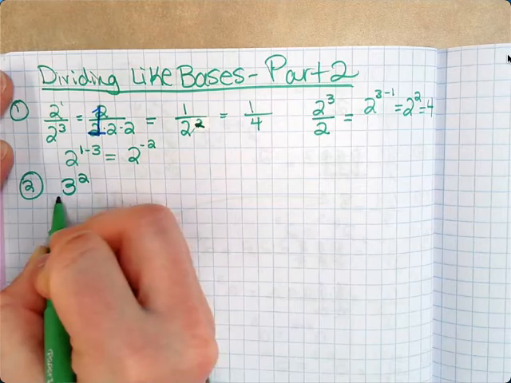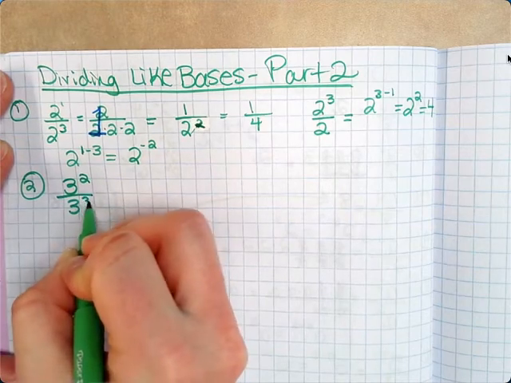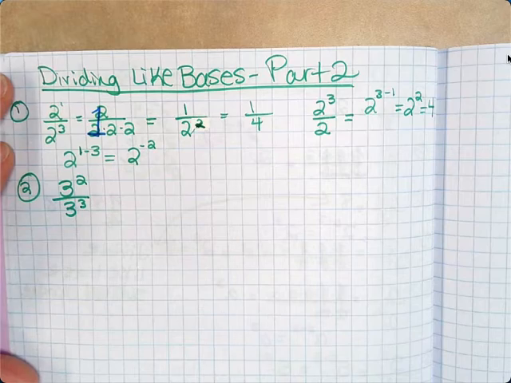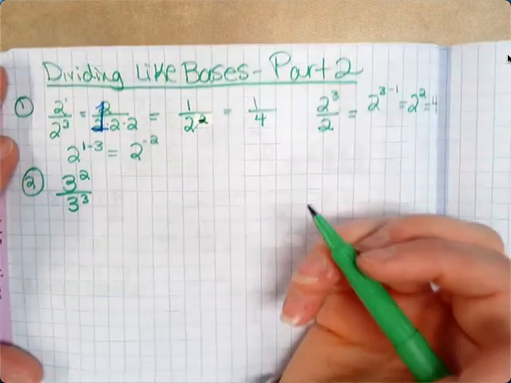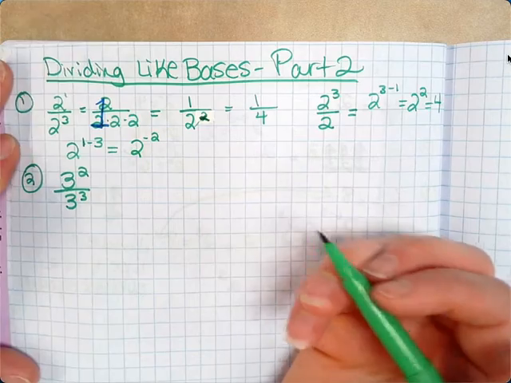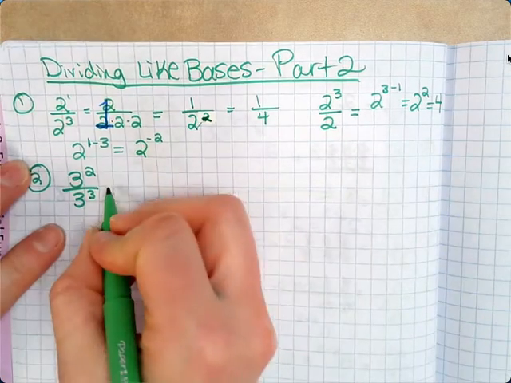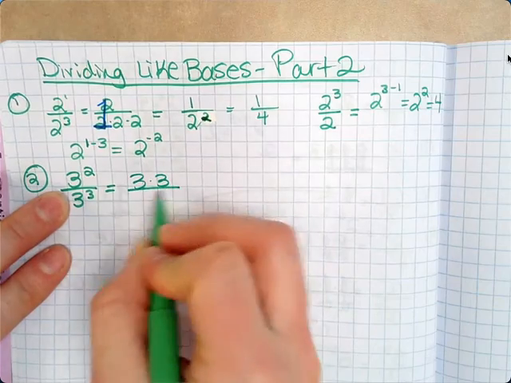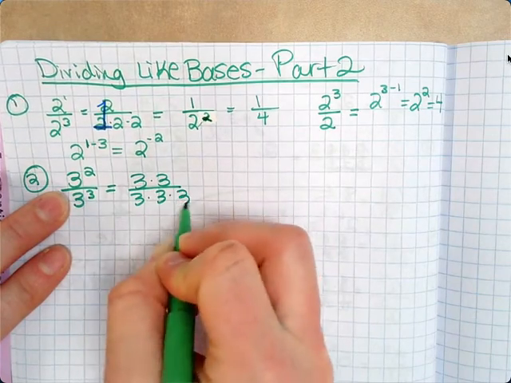All right, let's go to number 2. 3 squared over 3 cubed. So this would equal 3 times 3 over 3 times 3 times 3.